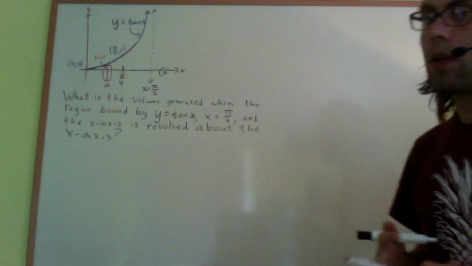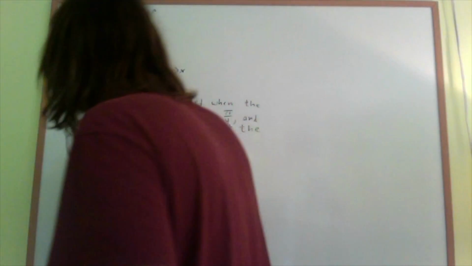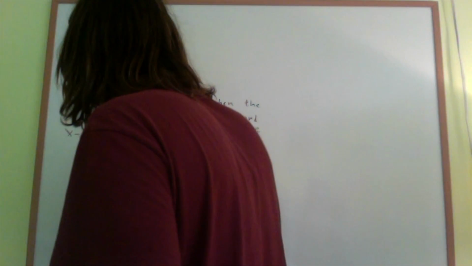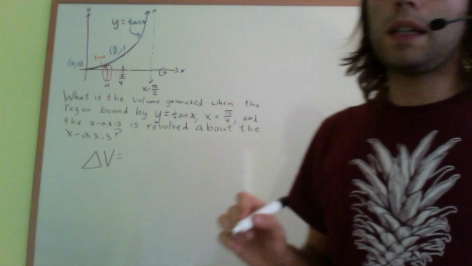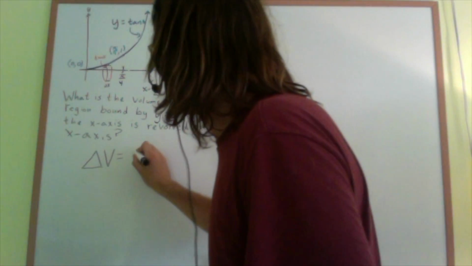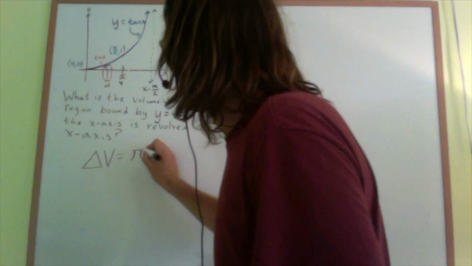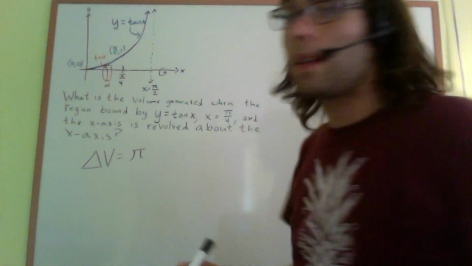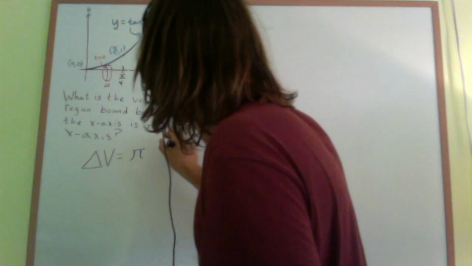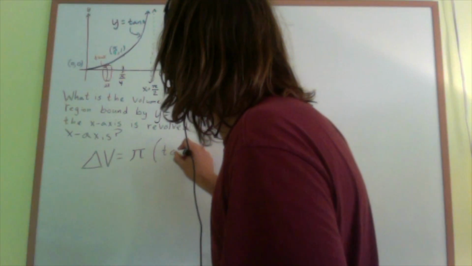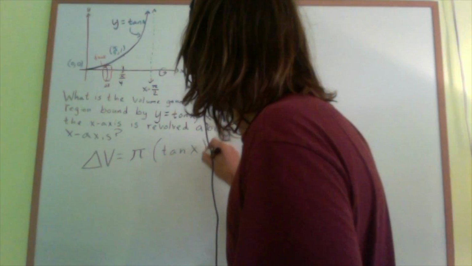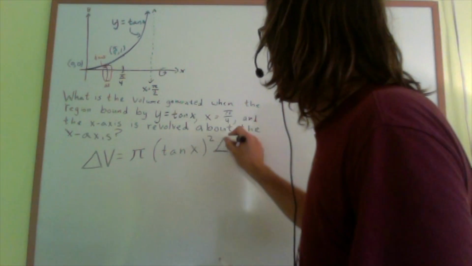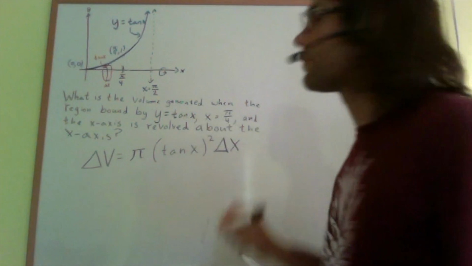Okay, so now a little chunk of volume here, delta V, is going to be pi times the square of the radius. The radius is tangent of x, so it's going to be tangent of x squared times a little bit of thickness delta x.